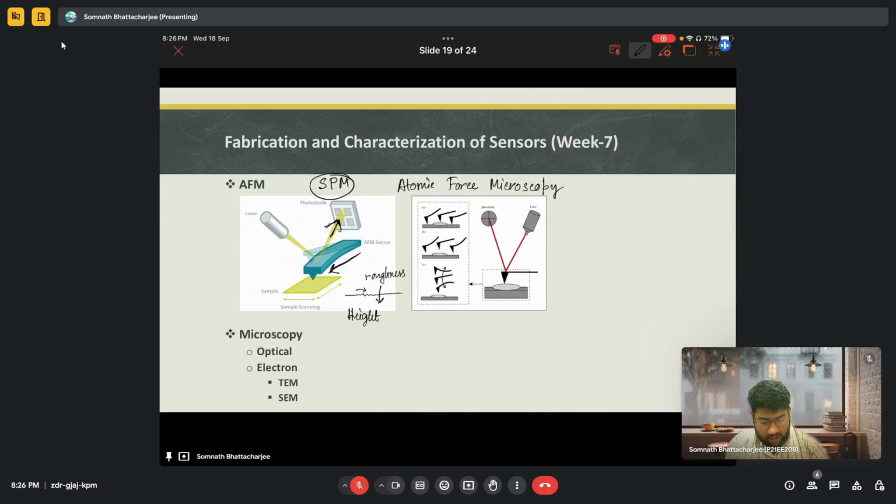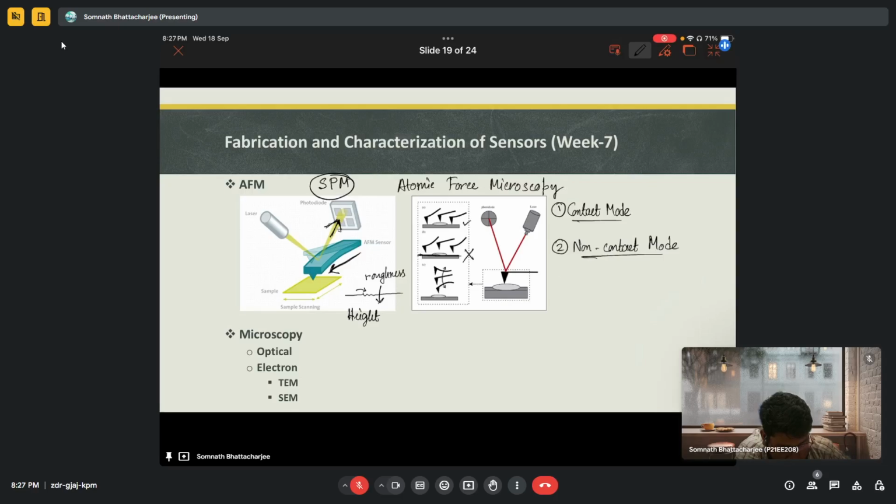There is also another setup called SPM, and there are three different modes of AFM imaging. The first one is the contact mode, where the tip is always in contact with the substrate, as you can see. The next one is the non-contact mode, where the tip is very nearby to the surface but not in contact with the surface itself.